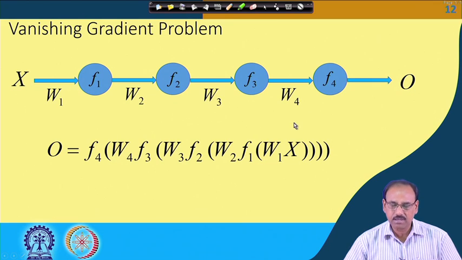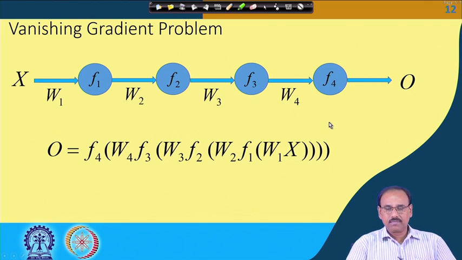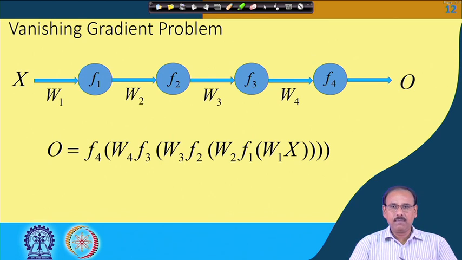To explain this, I have taken a simple network architecture having 4 different layers. The first layer has an activation of F1, the second layer has an activation of F2, the third layer has an activation of F3, and the fourth layer has an activation of F4.